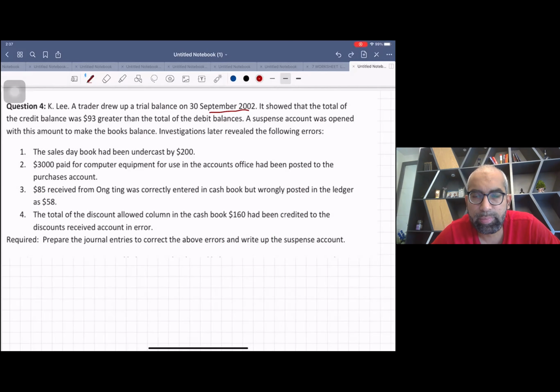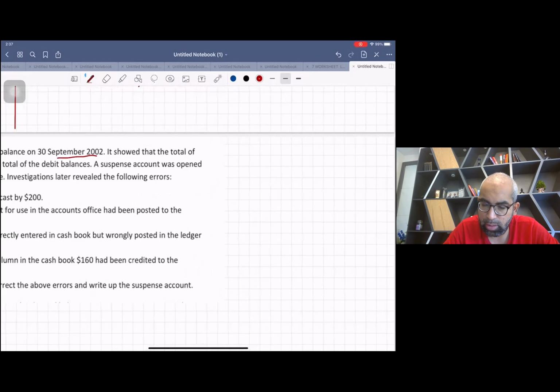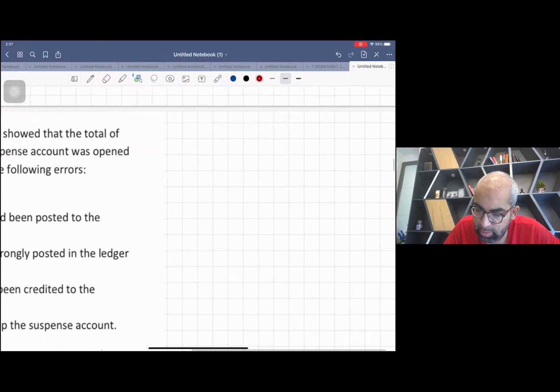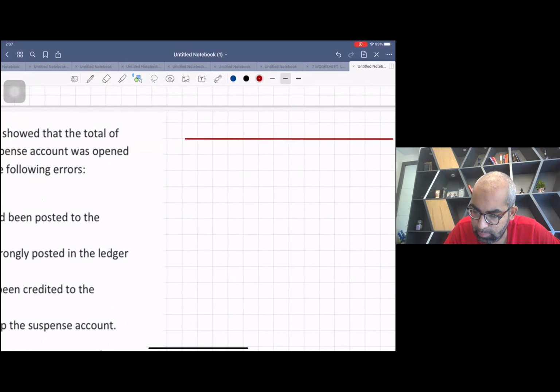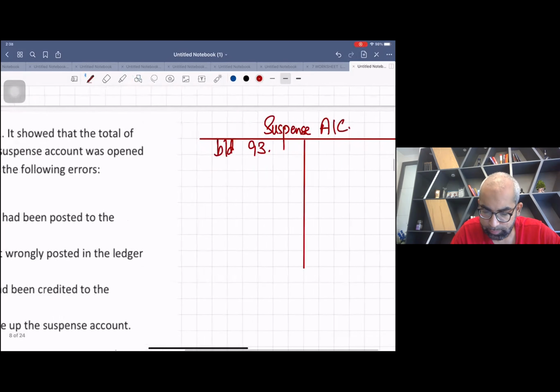So we'll open suspense account on the debit side. It's 93. Go very simple, right?